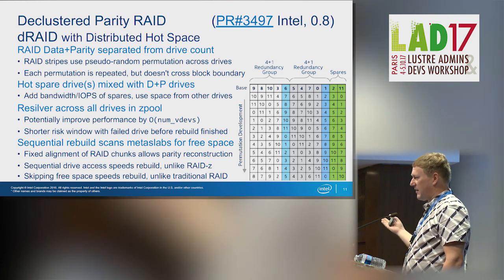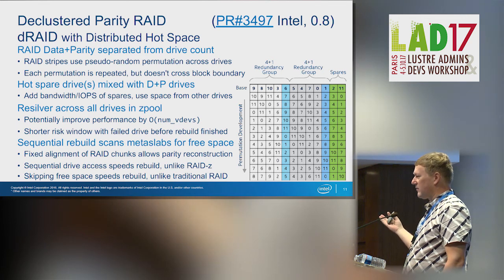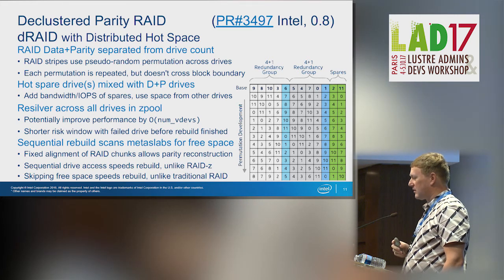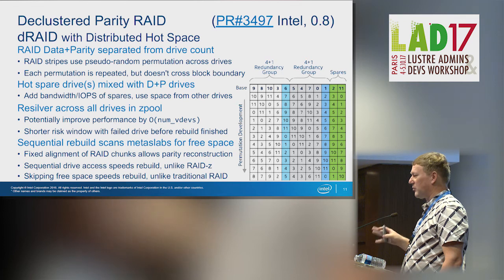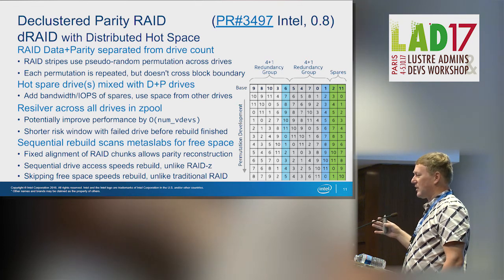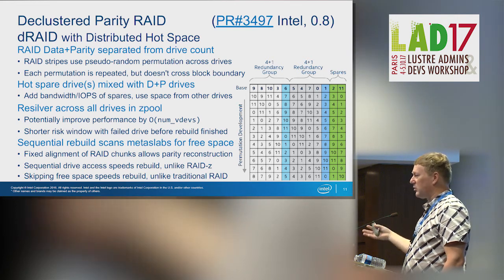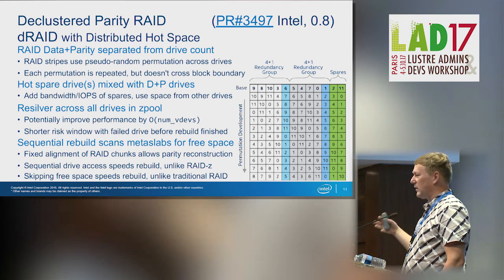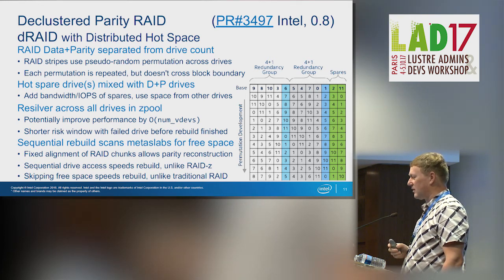Instead of having a dedicated hot spare device, it distributes the spare space around all of the different disks. Not only does that allow you to rebuild more quickly, but during normal operation you're not having 2 out of 20 or 30 disks just sitting there idle waiting for another disk to fail. You're able to use the IOPS and the bandwidth of those spare disks during normal operation.